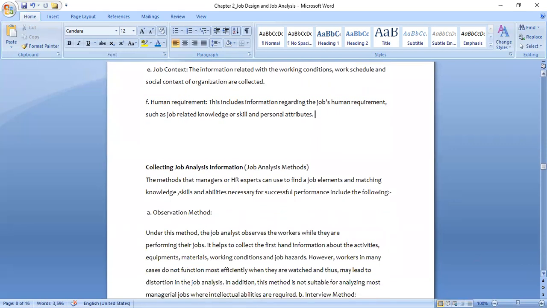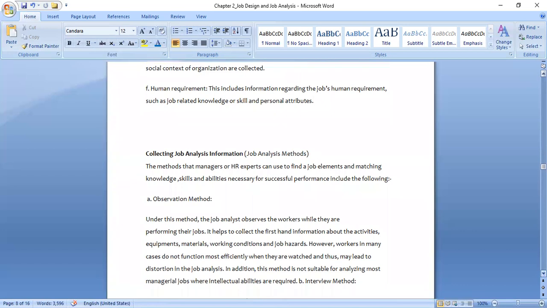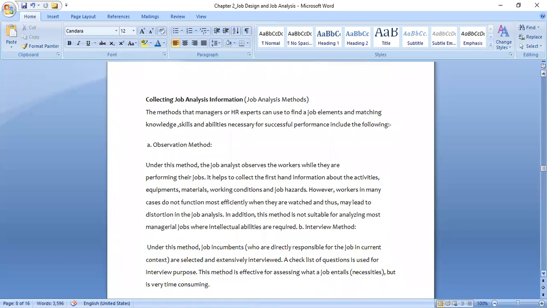Now, let's look at how this information on job analysis is collected. So this information can be collected through the observation method. With the observation method, for example, the human resource specialist or the human resource manager will observe these workers at the workplace when they are doing their work.